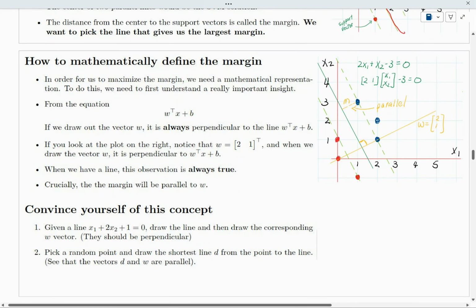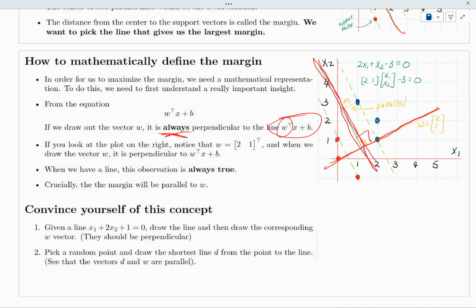When we have this equation, the W portion is also a vector, and this vector is always perpendicular to the line. So if this right here is the line, the W vector is the perpendicular component. And this is always true. This is just a geometric property of a line.